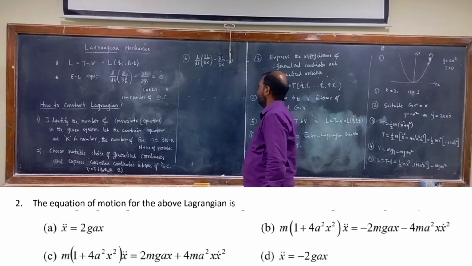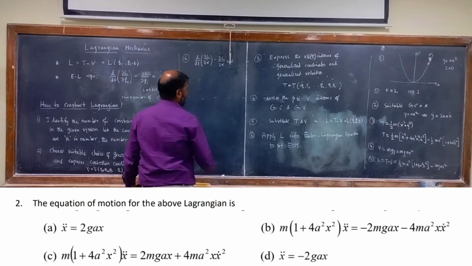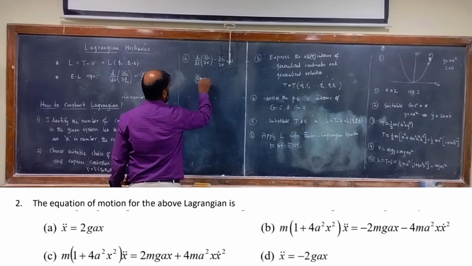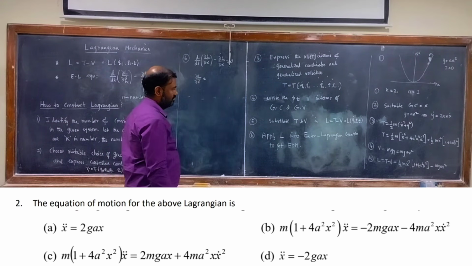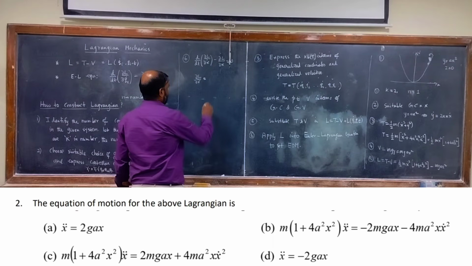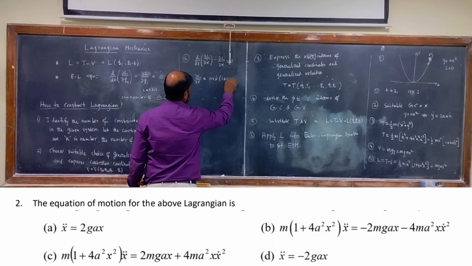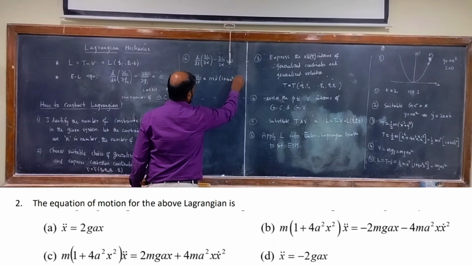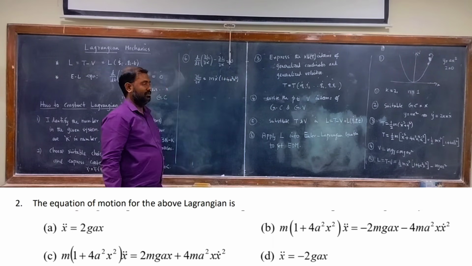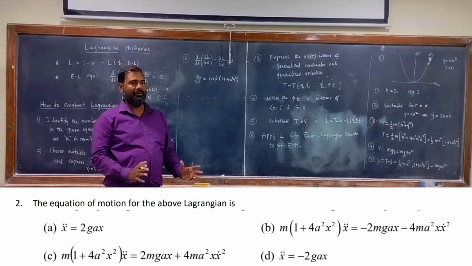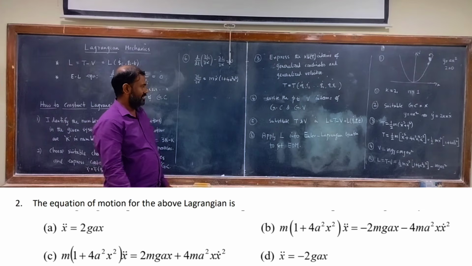Okay, so now find out what is dou L by dou x dot. It is m x dot times 1 plus 4 a square x square, am I correct? It is multiplicative, not in addition, so it will be like that: m x dot times the bracket.